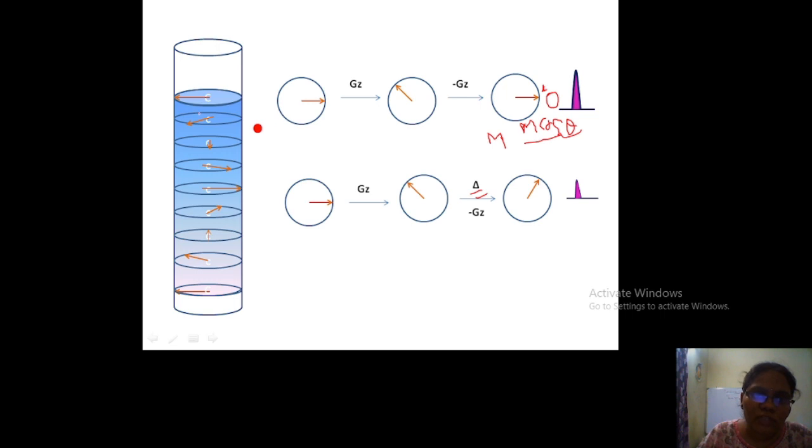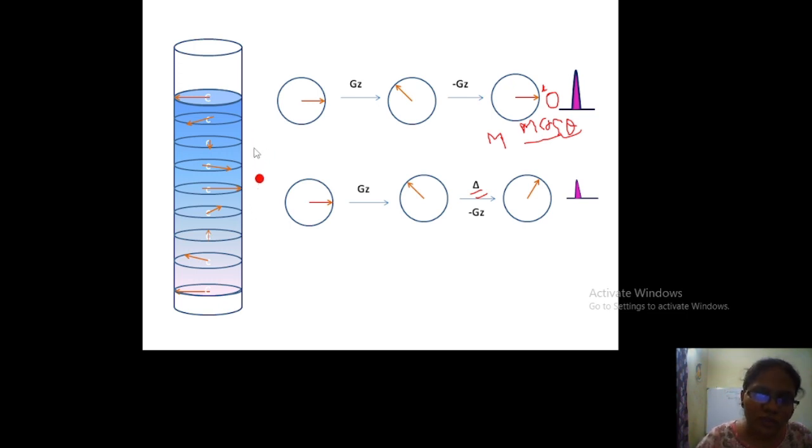We know that in a liquid, the molecules are not rigid or fixed. They are under continuous translational motion, right? So during this time delta, suppose one molecule was here, and it diffuses from this position to this position.